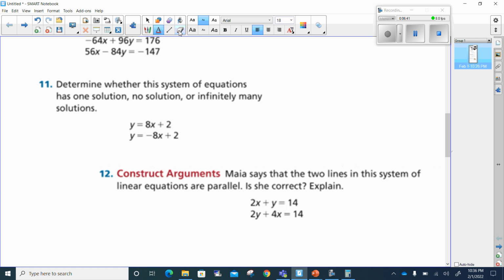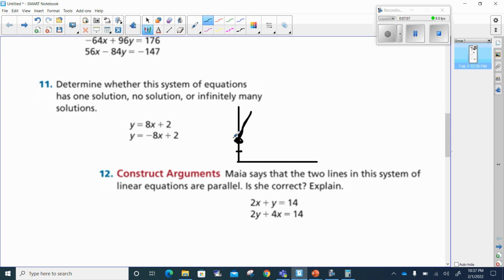If I was to graph this, I know that one of my slopes is going to be a positive slope. This is a positive number, which means both of them have the y-intercept of 2. So that means they're both going to start at 2. But one of them is going to be going up 8 and over 1.